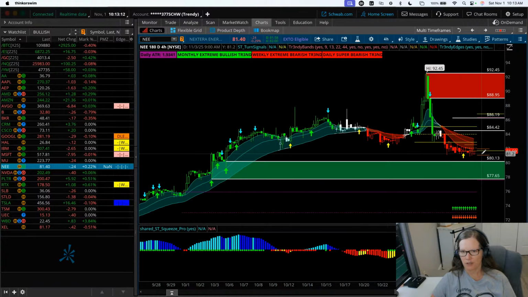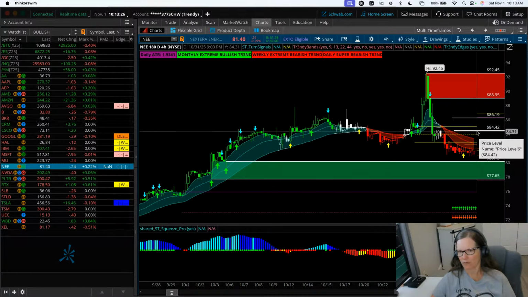All right. So I've got about $3 of risk, a little less than three, actually. It's $2.50 of risk here and about $4.25 of reward to the first target. So that meets my risk criteria.